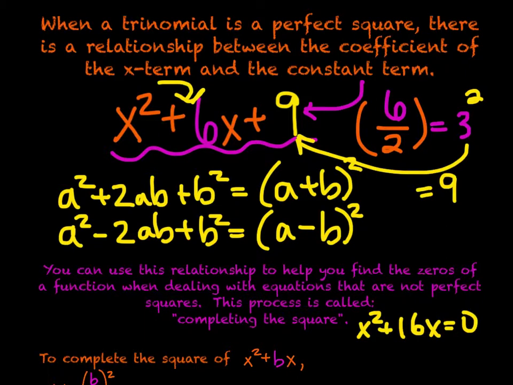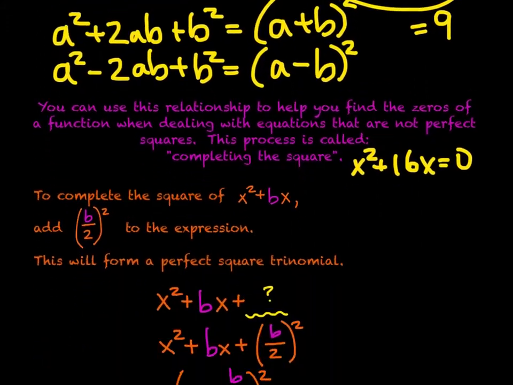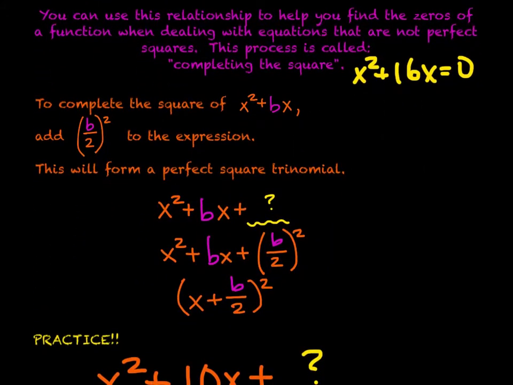And we can turn it into a perfect square by playing around with this special relationship that we find right here. This whole process is called completing the square. So let's actually play around with this.